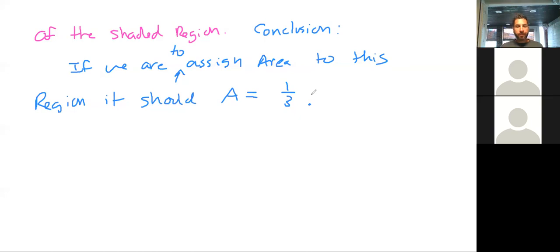We found that if we overestimated with rectangles and then underestimated with rectangles, as the number of rectangles increased, those numbers approached each other. They were trapping the region. So the only logical explanation is if that region has size, it should be 1/3.